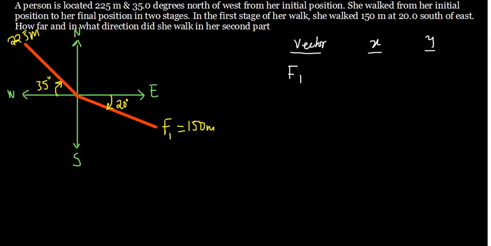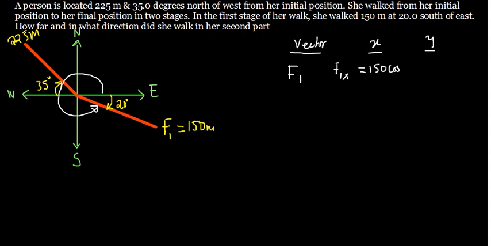Let me label that as F1x. The magnitude is 150 cos, and the angle you want to use is the angle from the positive x-axis, anti-clockwise, to where the vector is.